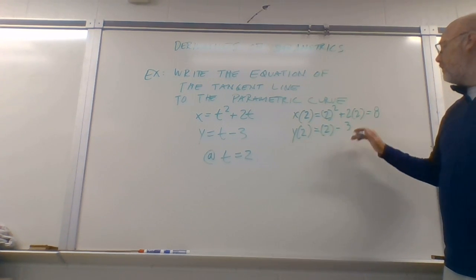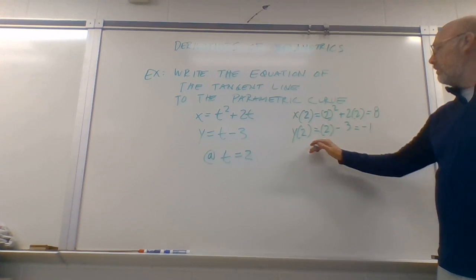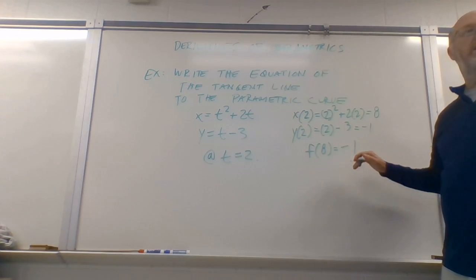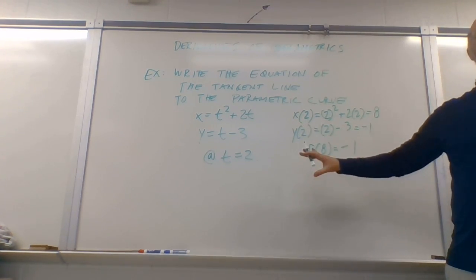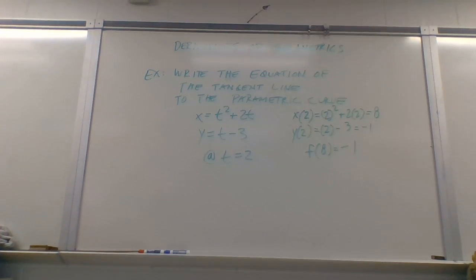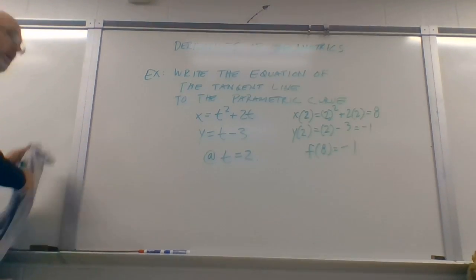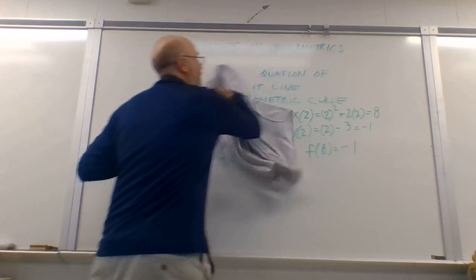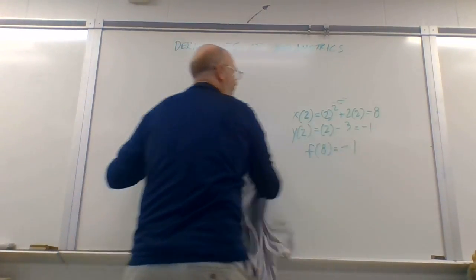So I believe I'm looking at the point (8, -1). Now I have the point, so I'm 50% of the way there, even though the mathematics is still a little much. Questions on how I got the point? I think that's pretty easy. So what do I do with my formula? How am I going to get dy over dx?